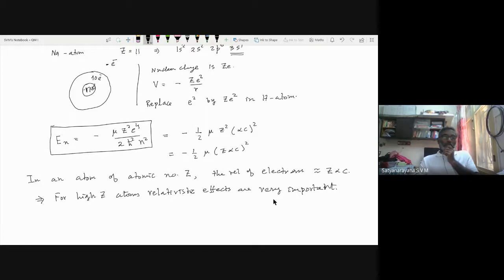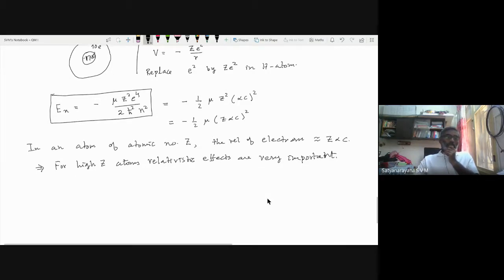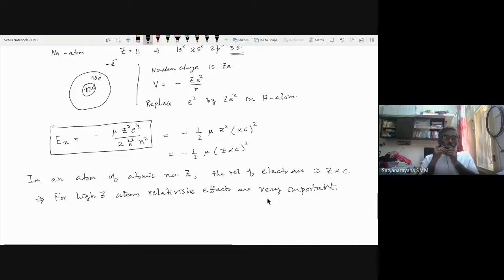So the properties with just one atomic number difference are so very different. Some of them you can understand from quantum mechanics, some from relativistic quantum mechanics, and all of them you can understand only when you do what is called quantum electrodynamics. So quantum electrodynamics is a final theory that will explain everything in the periodic table.